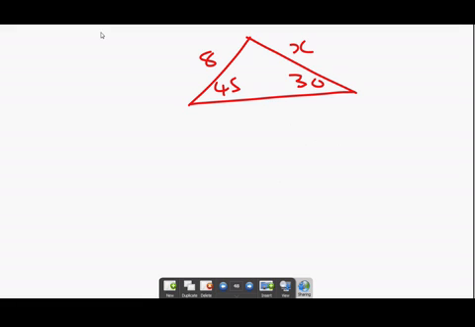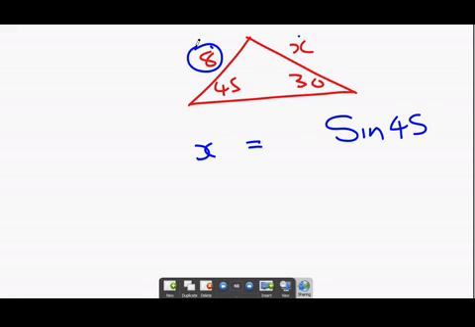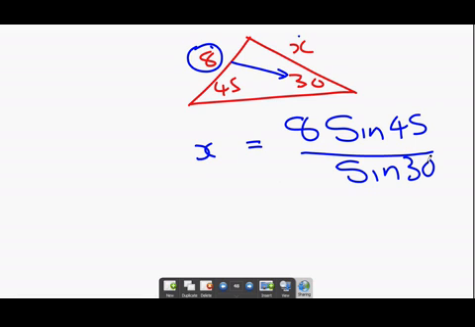Now there is a side which has been given, it's called x, and I will say, okay, x is equal to sine the angle for x, which is 45, but I have been given a side related to another angle. So this side is 8, and 8 has got its own angle, sine 30, and that's how I find my x.